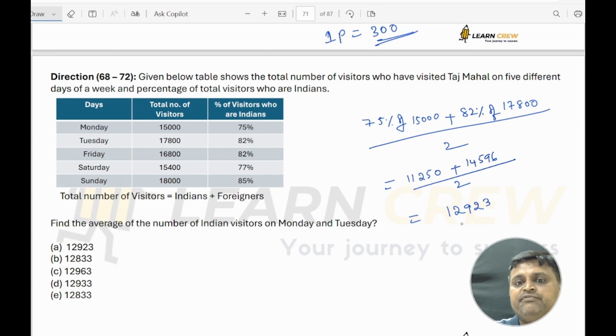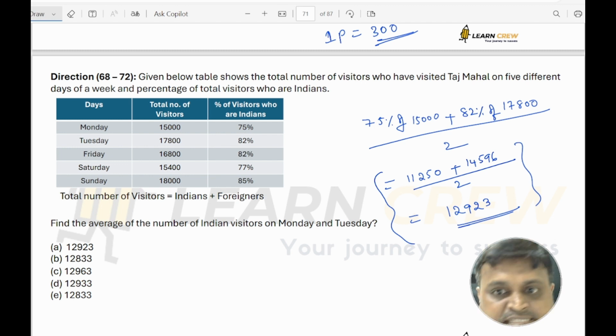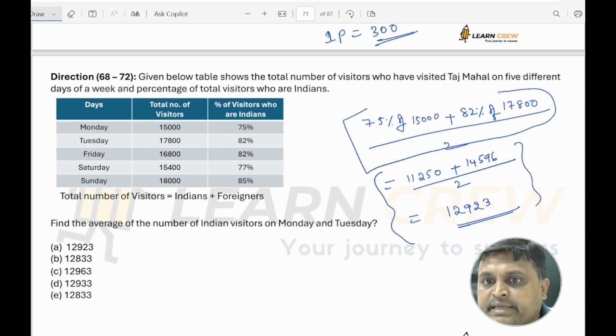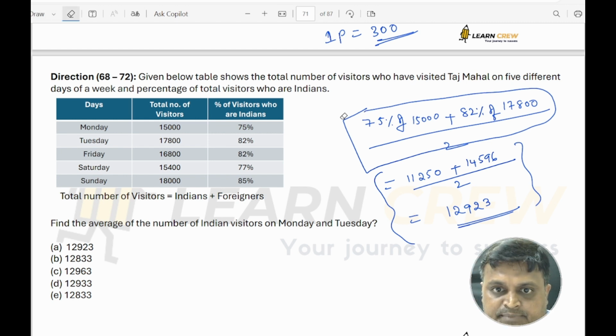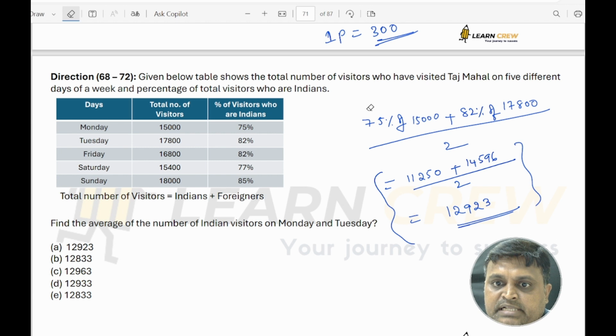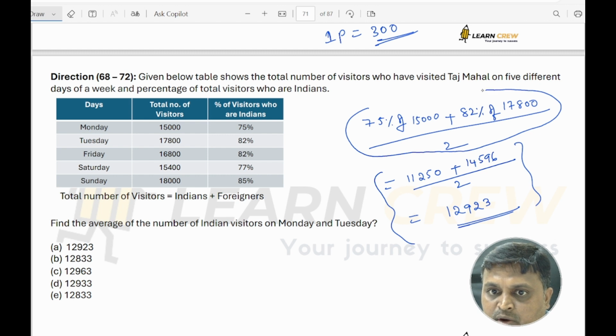If I am a competitive aspirant, I don't do it like this. I will just use the digital sum. What will be the digital sum of this? 7 plus 5 is 12, which means 3. 3 into 1 plus 5 is 6. 3 into 6 is 18, which means 9.